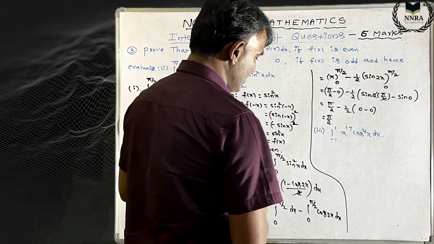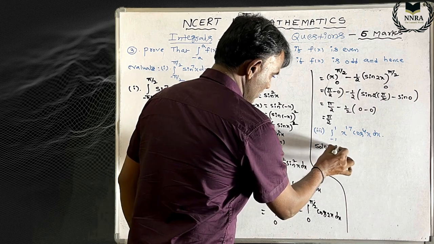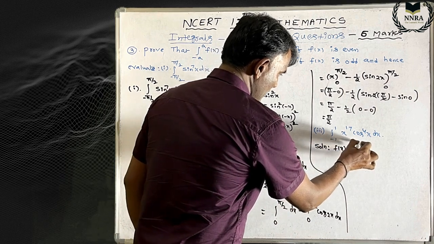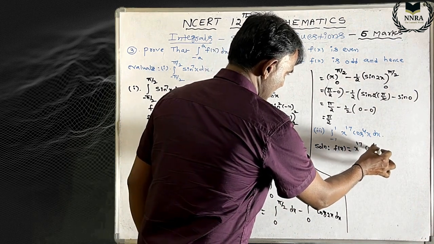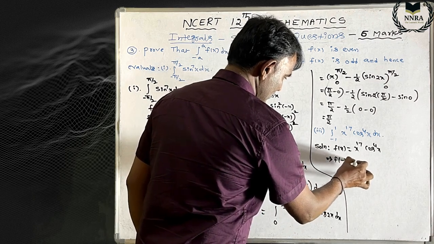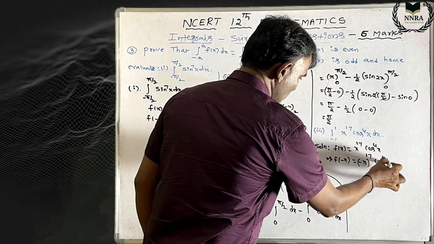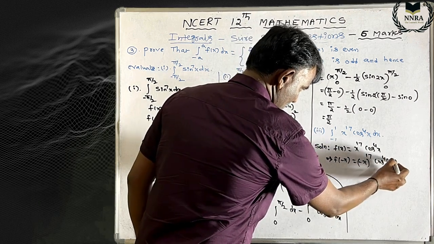This is the third question. Here f of x equals x power 17 cos power 4x. Now f of minus x is minus x whole power 17 times cos power 4 of minus x.